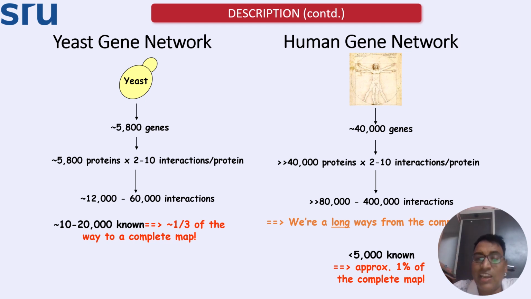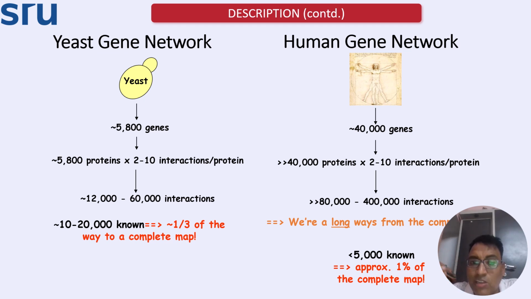And if I say nearly 2 to 10 protein interactions are there for every protein, then it can roughly scale up to 12,000 to 60,000 interactions, of which nearly 10 to 20,000 are known. That means I'm able to know from experimental methods one third of the interacting protein network, which protein is interacting with what other protein, and all the details.